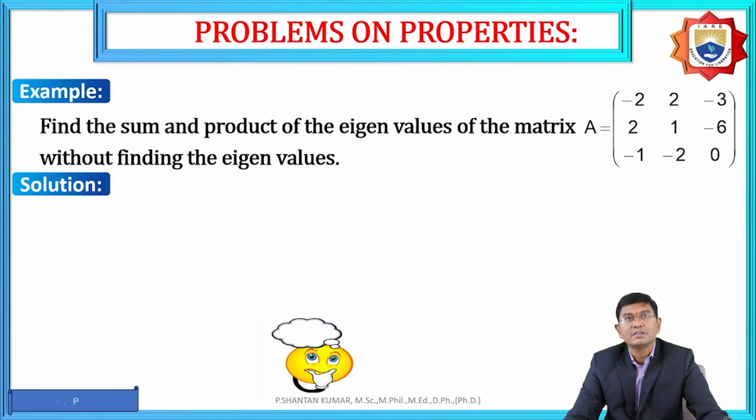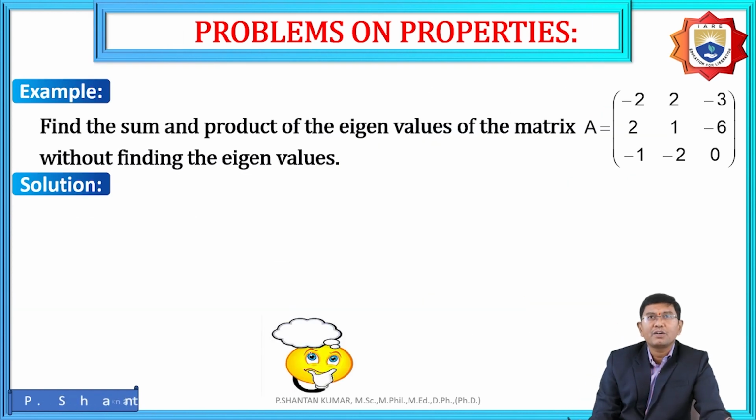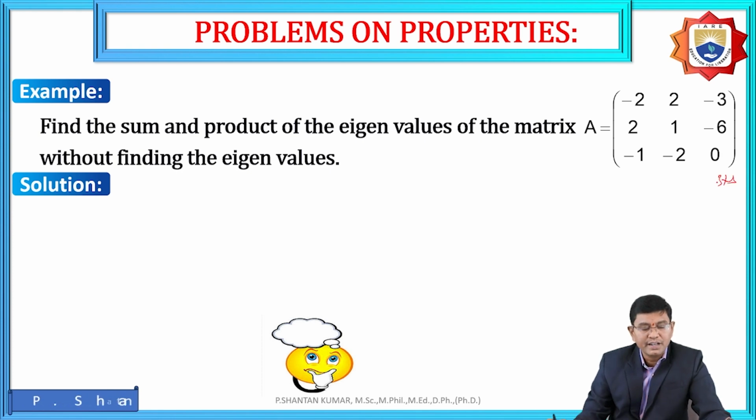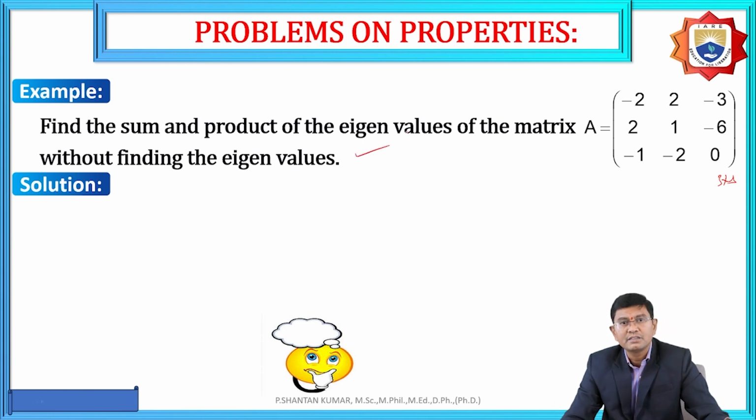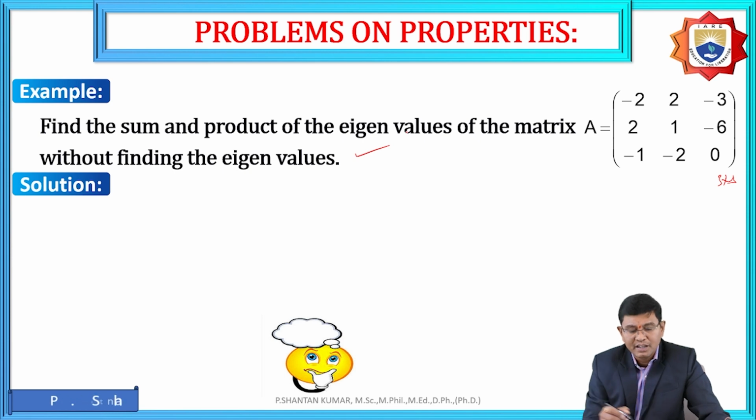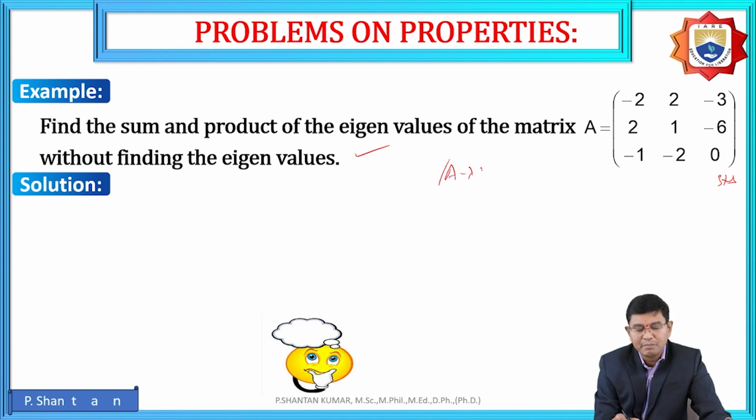Next one: find the sum and product of the eigenvalues of the matrix A. Here the matrix is 3 by 3, and it is clearly mentioned, without finding the eigenvalues. That means we should not use the characteristic equation, determinant of A minus lambda I equal to 0. It is not required.